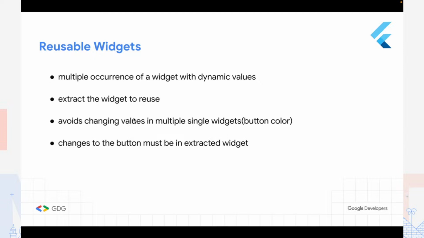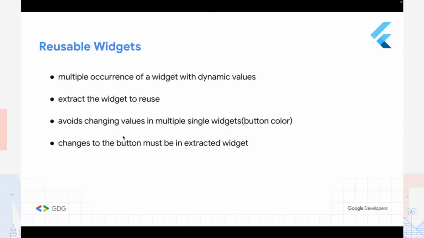So the elevated button in our example was extracted to reuse as a rounded rectangular button in different places of the application. It avoids changing values in multiple single widgets. So again, if the button color was primary color, I don't have to change it in multiple places. I just have to go to the rounded rectangular extracted button, change the color, and it automatically applies to all the places that depend on it.